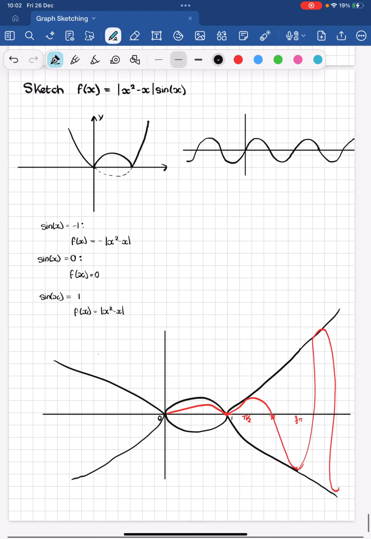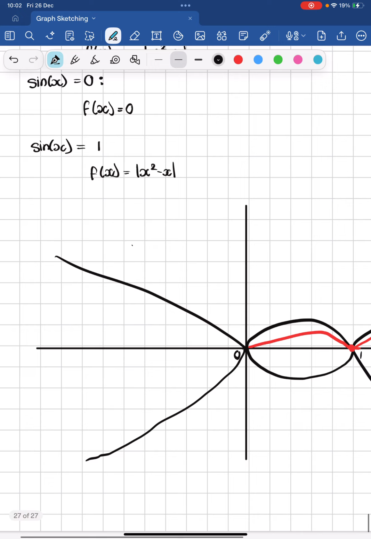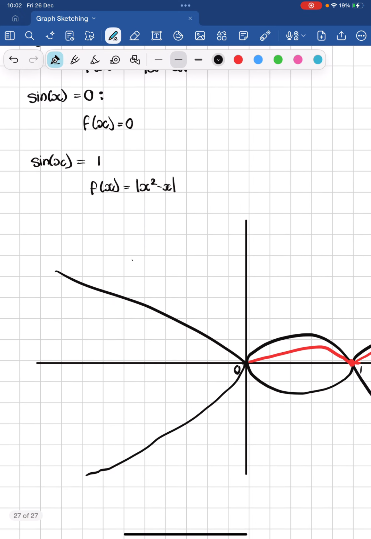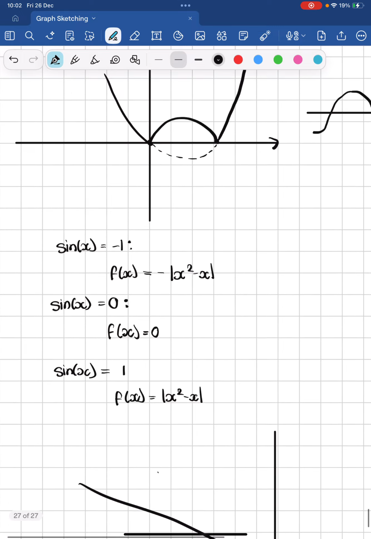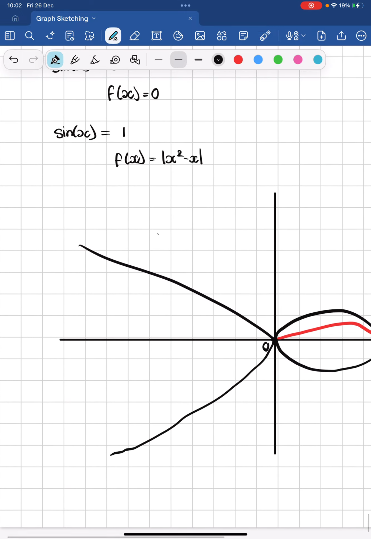Yeah. And now let's look at our negative, when our input is less than 0. So the first critical point is minus pi over 2. So we've got a point here, minus pi over 2.